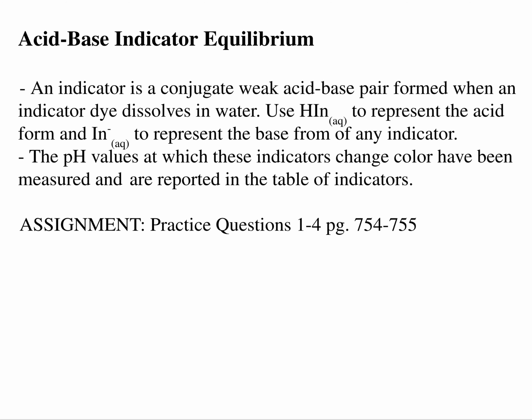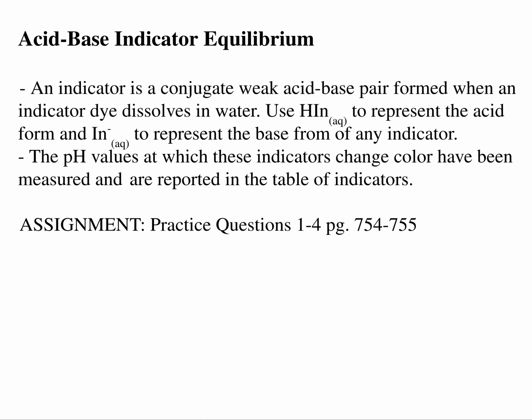We often also include indicators in acid-base equilibriums. The reason that we add these indicators to titrations is so that we can detect where the equivalence point of a reaction is. And acid-base indicators work great for this purpose because they are all weak acids of some form.